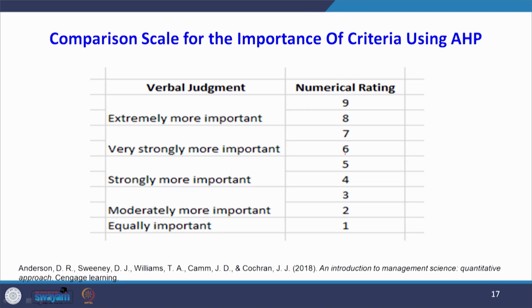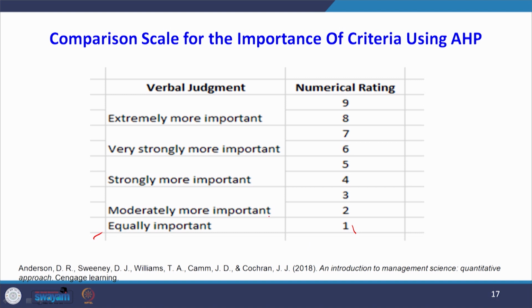Here, for the comparison purpose, we are going to use a comparison scale. So, the comparison scale for the importance of criteria using AHP. So, what is the comparison scale? The first one, we start from the bottom. If 2 criteria are equally important, we call it 1.